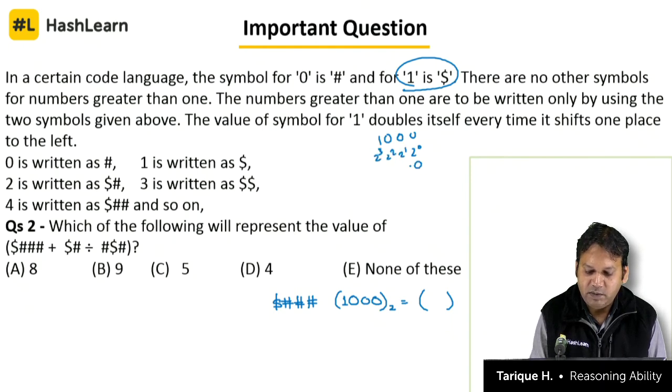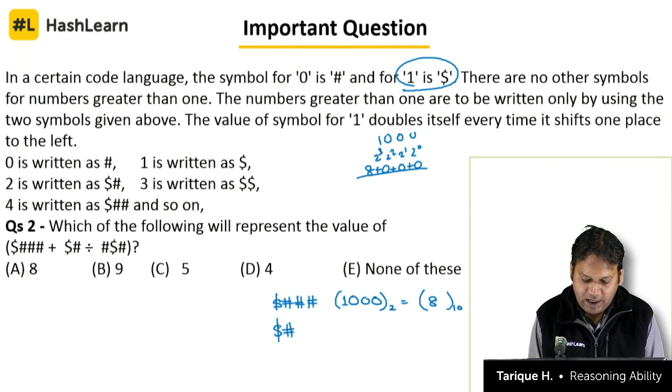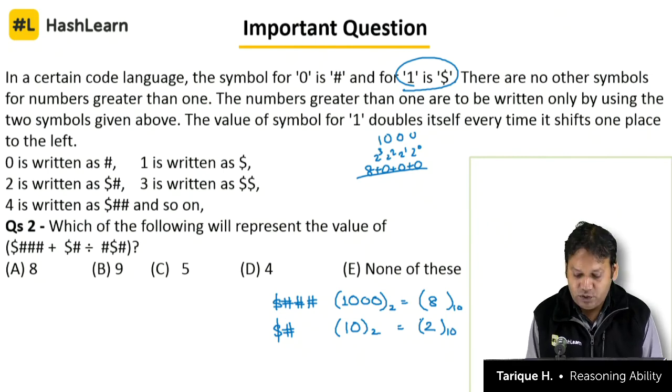We don't have to worry about the zeros, and this will be 8. Okay, done. Next is dollar and hash. Dollar is 1 and hash is 0. So this is 10, and I have already discussed with you that 10 is nothing but 2.